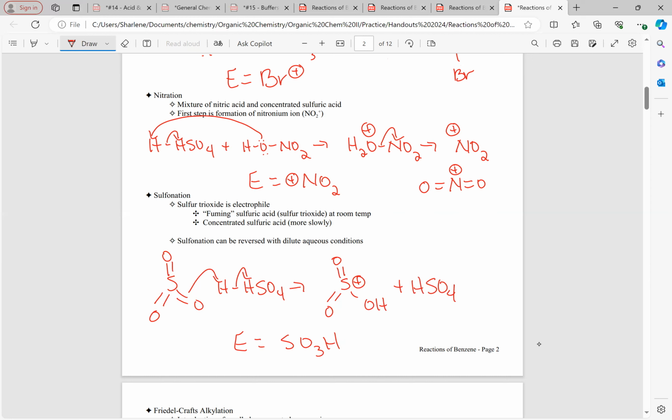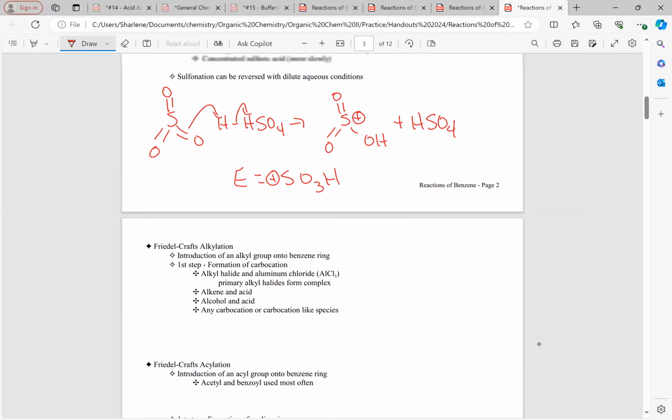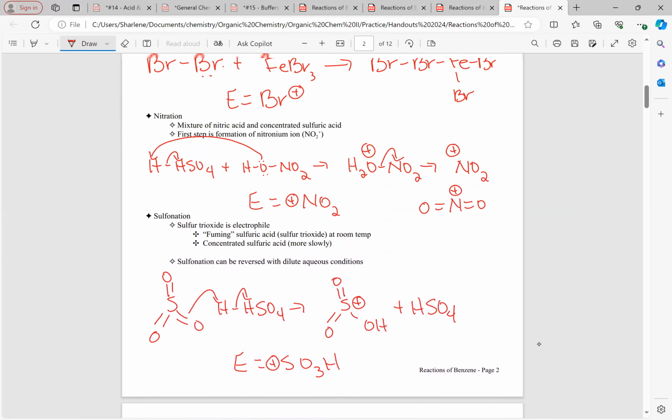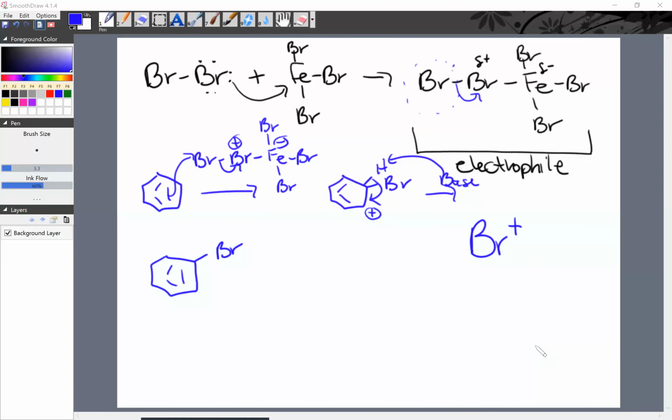SO3H right there. So in each case, I'm using either an acid or a Lewis acid catalyst to force that really positive character. Now the next two, Friedel-Crafts alkylation and acylation, I'm going to do that in a different video, but I'm going to go over to the whiteboard, and we're now going to do a generic example of each one.